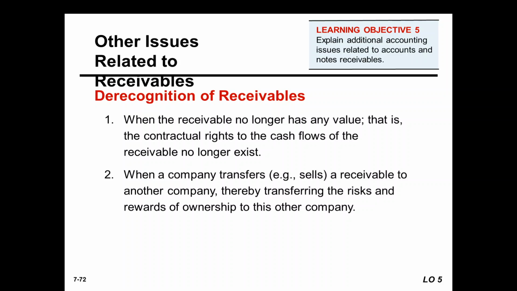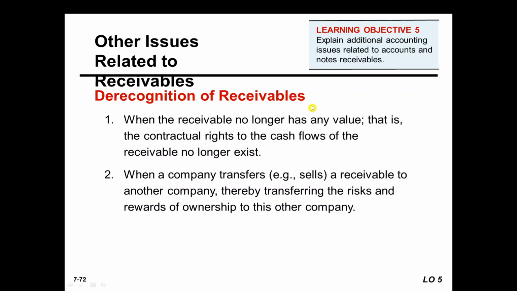For example, 5 years ago, I received a note from my customer, let's say company X. The company X promised me that at the end of the 5 years, it will pay me a maturity value of, let's say, 100 million rupees.